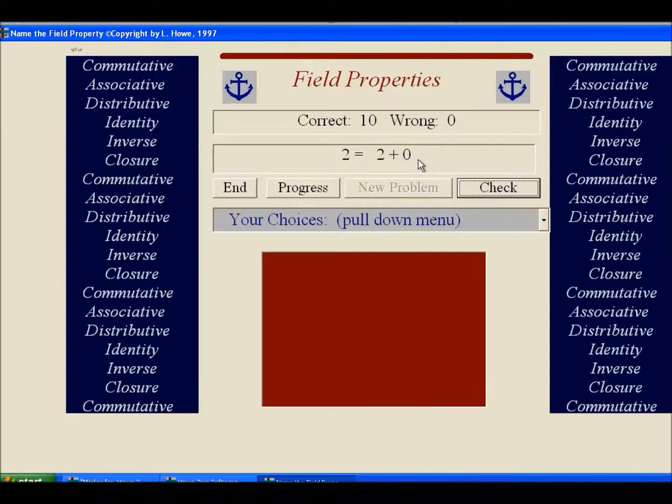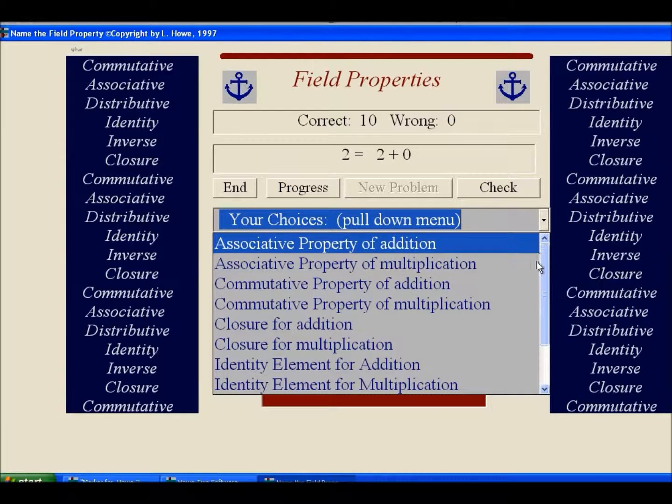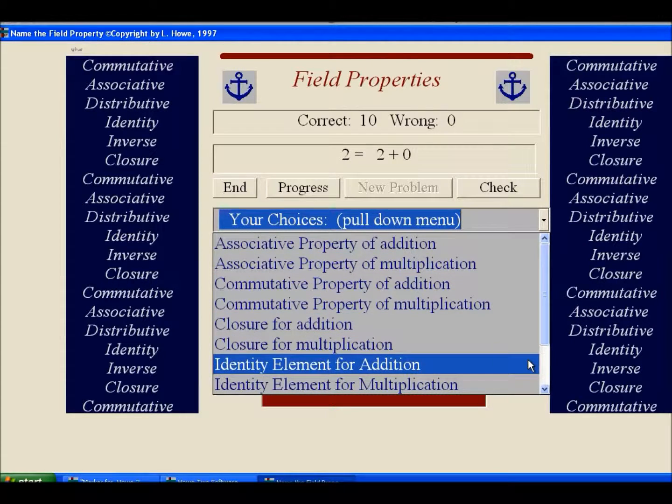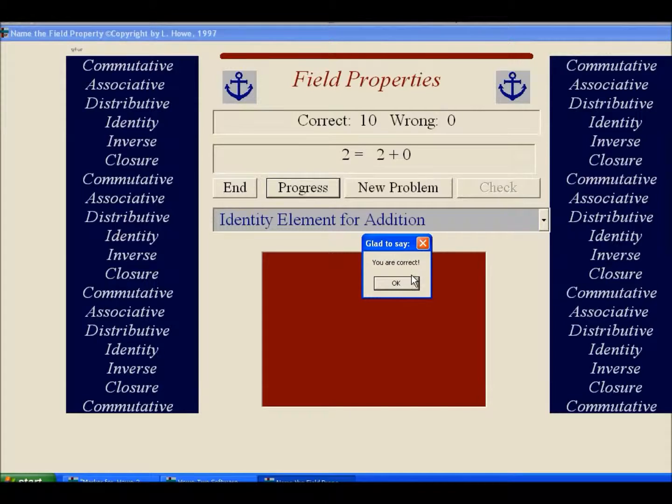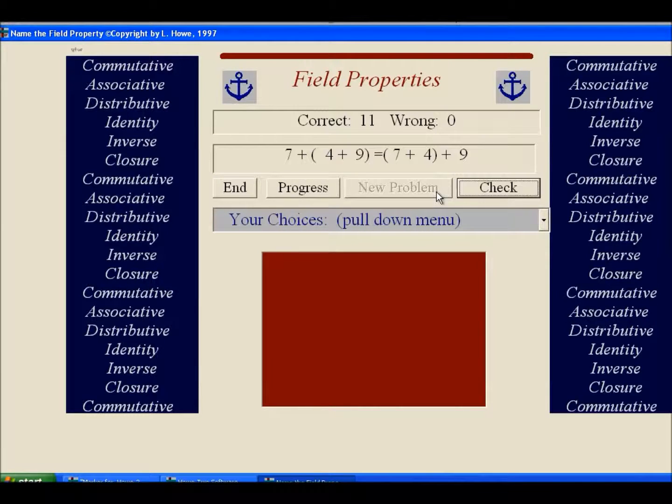It's called the identity element for addition, because whenever you add it onto something, you get the identical answer. So this is a demonstration of the identity element for addition. Check, we win. Another associative for addition.